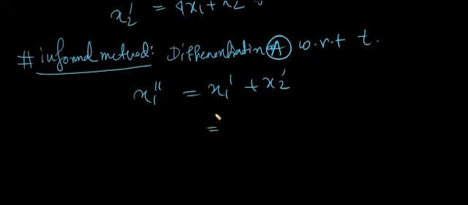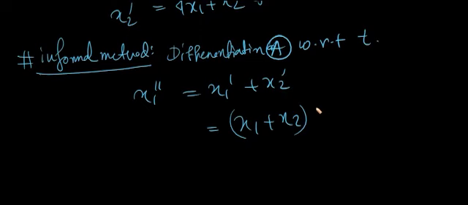And x1 prime, as you can see from equation A, is simply x1 plus x2. But do we need to write that over here? That's the question we are going to ask ourselves. The answer is yes. How and why will be very clear after I write this x2 prime thing.